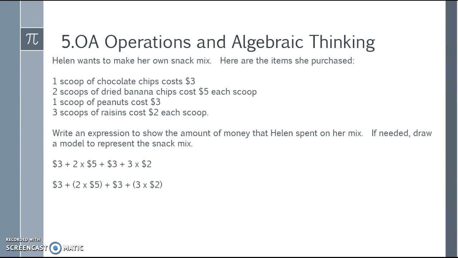It may be easiest to group them together so we can see the 4 different pieces of the snack mix. So then we can multiply first. 2 times $5 is $10, and 3 times $2 is $6. Adding them all up, her snack mix costs $23.